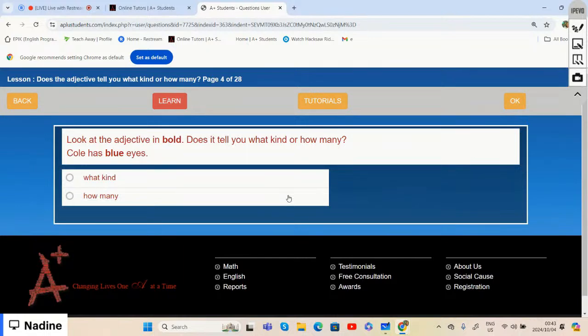Cole has blue eyes. Is that option one, what kind of eyes Cole has? Or option two, how many eyes Cole has? Which one is correct? Option one, what kind of eyes, or option two, how many eyes?